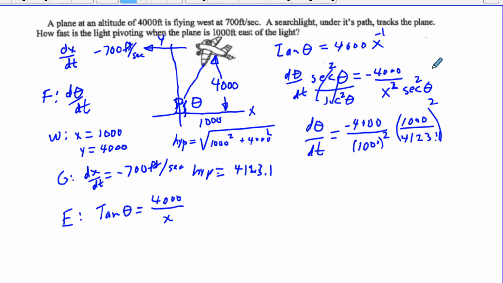Yeah, hang on a second. I forgot something, didn't I? We have dx dt also, which is going to be negative 700. I knew there was something amiss, right? Because we have to have dx dt when we took the derivative of this x here. It was times dx dt. Boy, I'm glad I remember that.